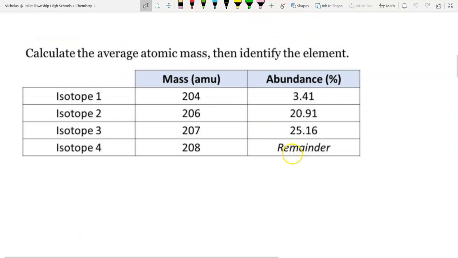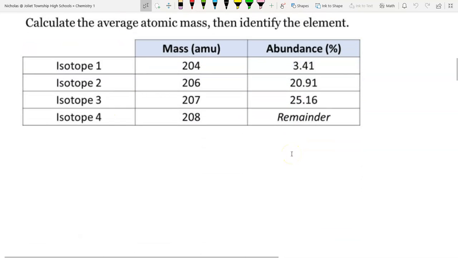All right. For this one here, it says calculate the average atomic mass and identify the element. Now in this problem, we have a remainder. The total abundance should add up to 100. So the first thing we need to do is find out this remainder.